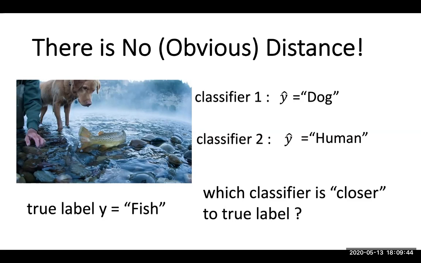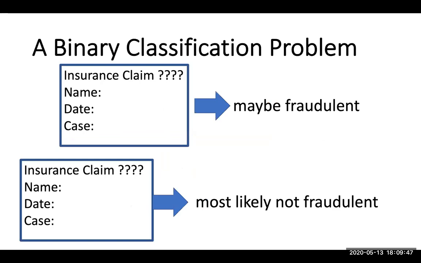For example, another example is claim processing, insurance claims. So an insurance claim comes in and you want to classify it into 2 categories or 2 possible classes. The first class is those insurance claims which are a bit fishy. So they may be fraudulent, and you might forward an insurance claim which belongs to this class to a human expert, who looks more carefully into this insurance claim if there is a risk of fraud.